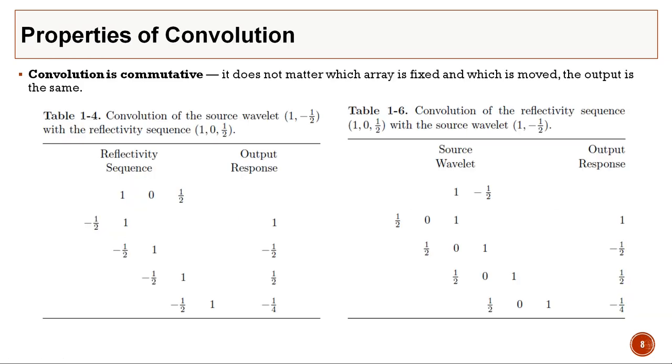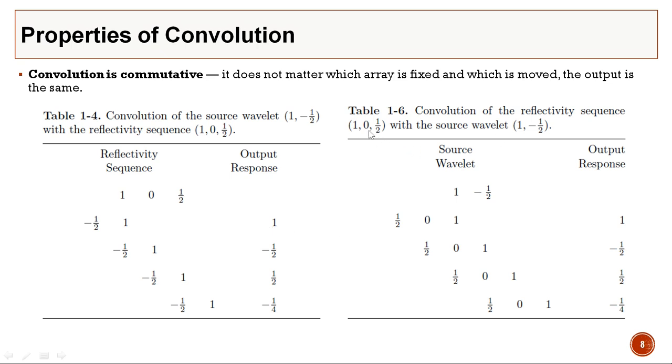Okay, so in terms of the properties, there are two main properties of convolution. First property is commutative. So convolution is commutative. What it means is if you convolve A with B or B with A, it will be the same output. So here in this example, if you convolve 1, -1 over 2 with 1, 0, 1 by 2, your convolved output is this.